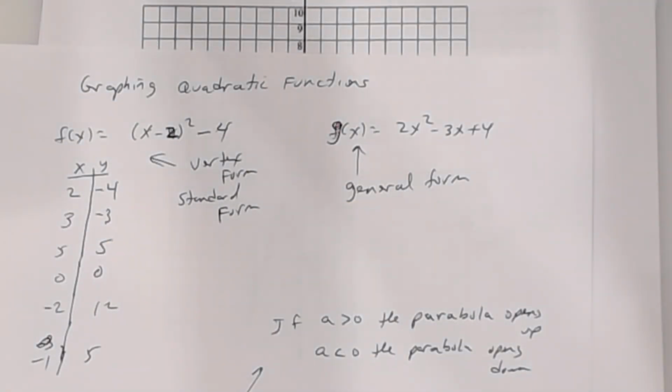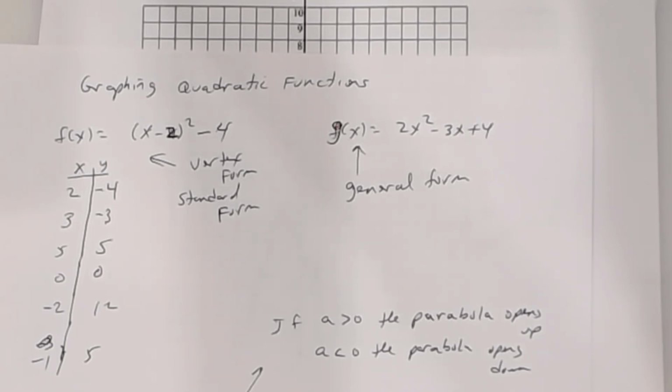You cannot look at general form right away and say what the vertex is. But there's a formula you can use to find the vertex. I'm going to look at that formula tomorrow.